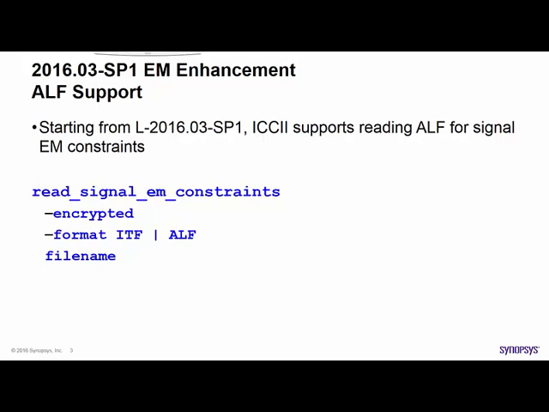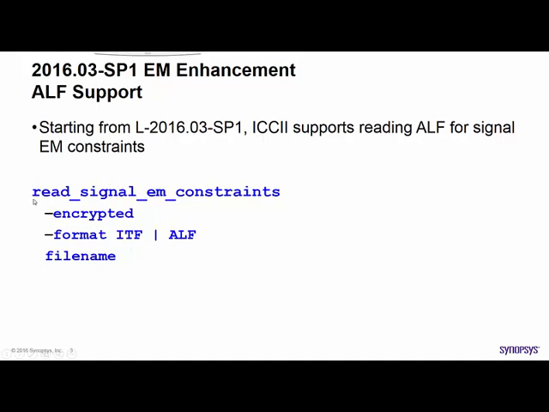However, most foundries are still offering ALF, so users might need to translate ALF to ITF EM format in order to run ICC II Compiler 2 Signal EM analysis. To avoid the additional translation task, we have added ALF support for ICC II Compiler 2 Signal EM analysis from 2016.03-SP1.